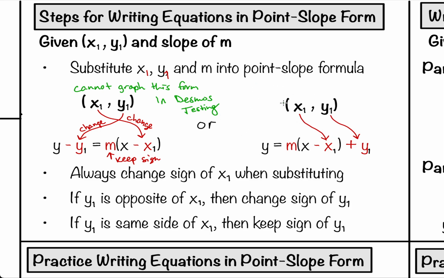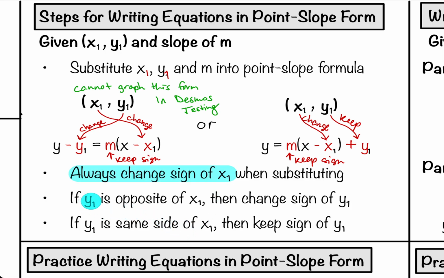Now the other form of the equation, we just simply take it. We still change the sign of our x1, but this time we're going to keep the sign of y1, just like we do the m. We're going to keep the sign. So the general rules go like this. We always change the sign of x1.